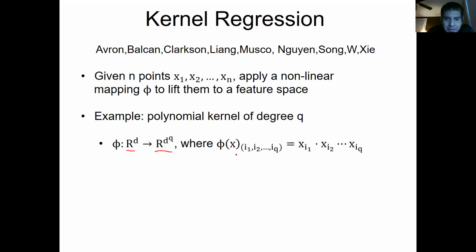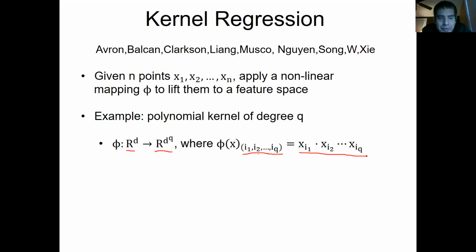And the way it works is, I take my input point x, and the coordinates in the output are indexed by all q-tuples of indices between 1 and d. So I have d to the q such tuples, and the coordinate value at one of these tuples is the product of the coordinates of x at those indices. So here it's x_{i1} times x_{i2} through x_{iq}.